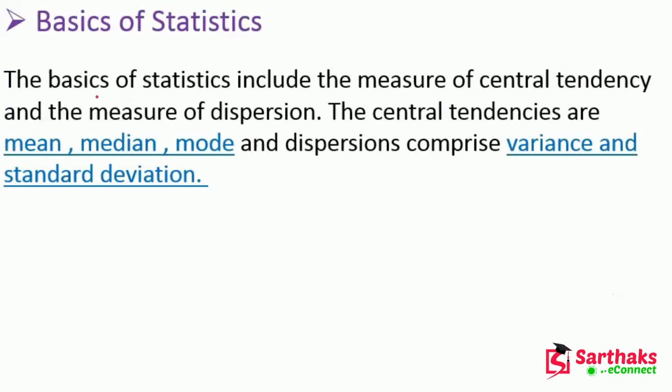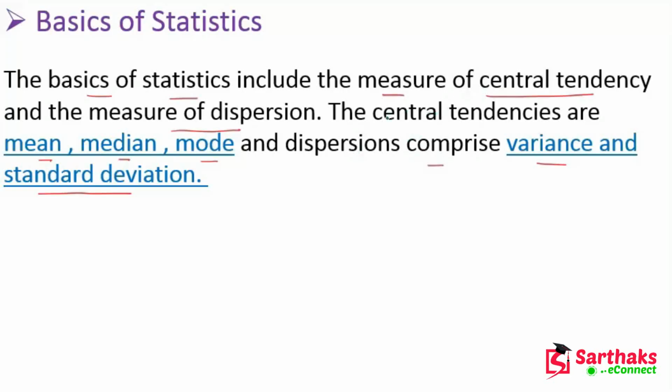Now the basics of statistics include the measures of central tendency and the measures of dispersion. The central tendencies are mean, median, and mode, and dispersion comprises variance and standard deviation.